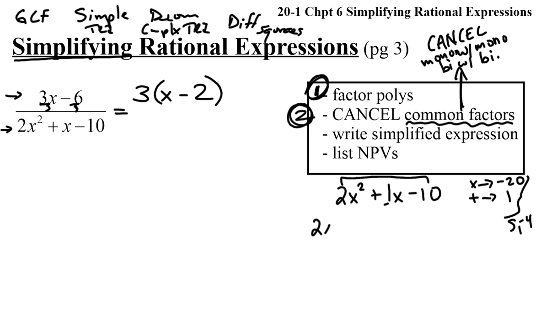So 2x squared plus 5x minus 4x minus that 10. Our 1x has decomposed into those two parts. Pair up our 4 terms and factor out whatever I can from each pair.